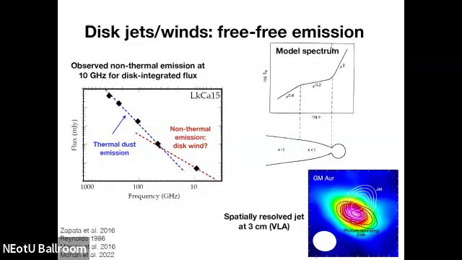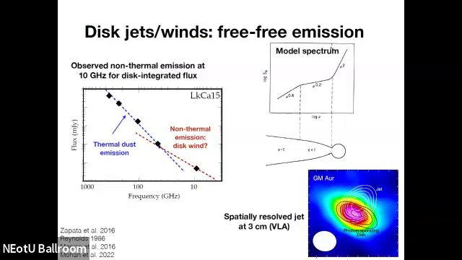Because we already know from spectral index studies that the spectral index of protoplanetary disks flattens when you go to lower and lower frequencies. There's this split in the slope where we go from thermal to non-thermal emission.